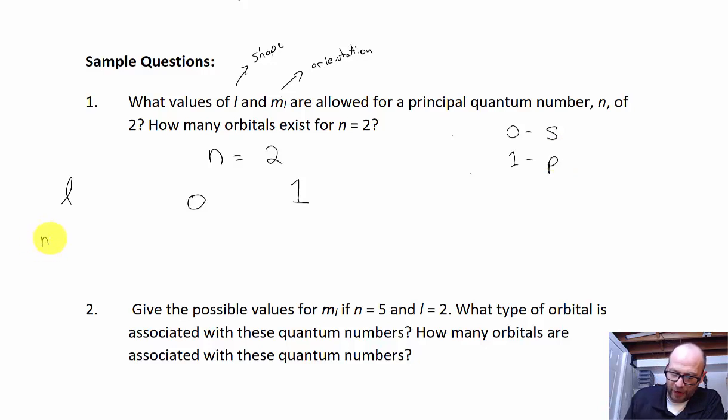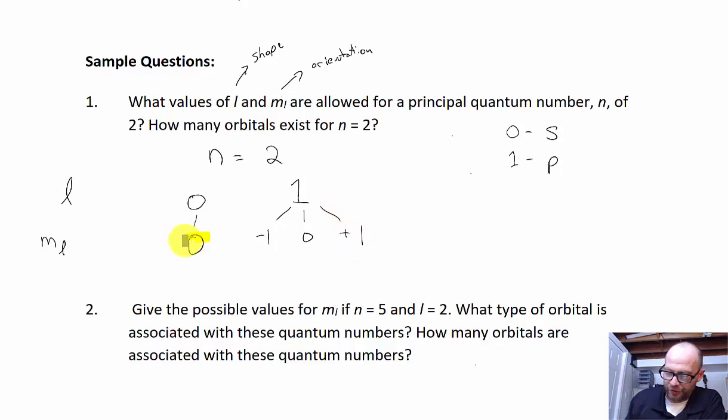The ML values for each of these: for an s orbital, I go from negative L to positive L for the ML value. Negative 0 to positive 0, simply 0. For 1, it is negative 1, 0, positive 1.